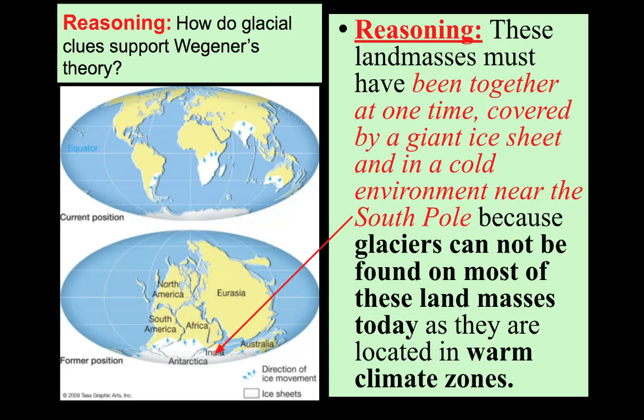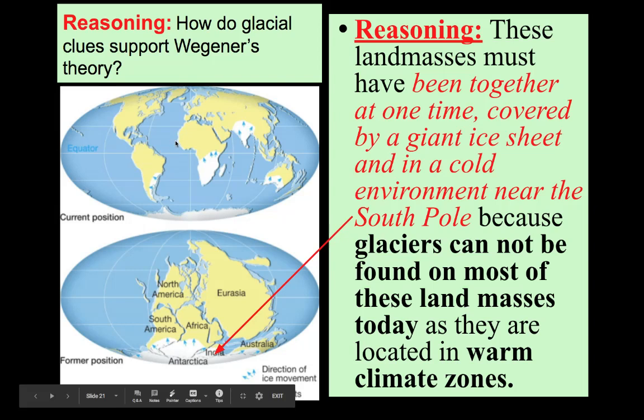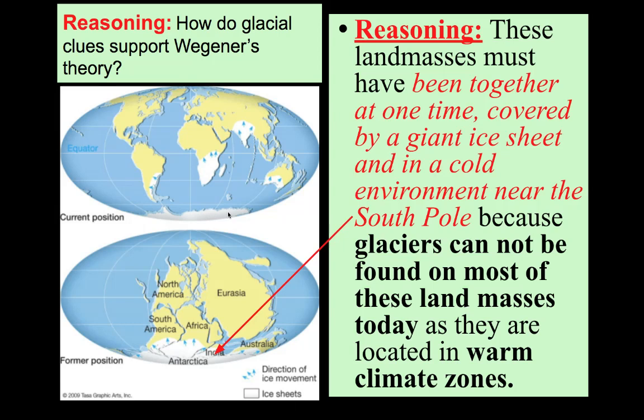So when we look at the maps in front of you right now, this is the current position of the continents that have glacial rock deposits and glacial scarring or scratching on them: South America, Africa, India, Australia, Madagascar, and current day Antarctica.